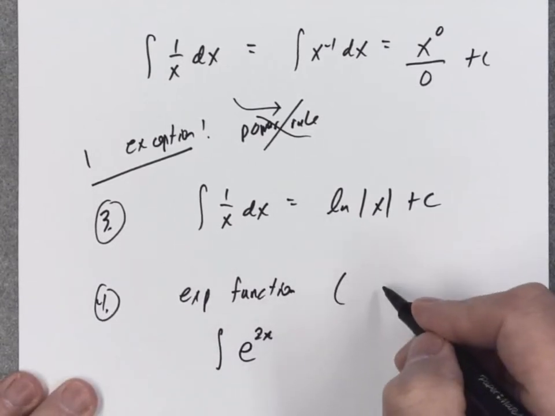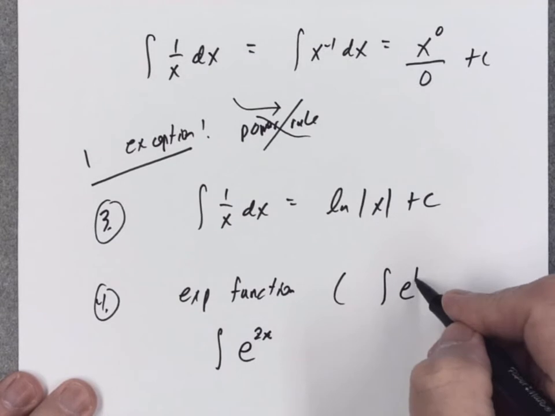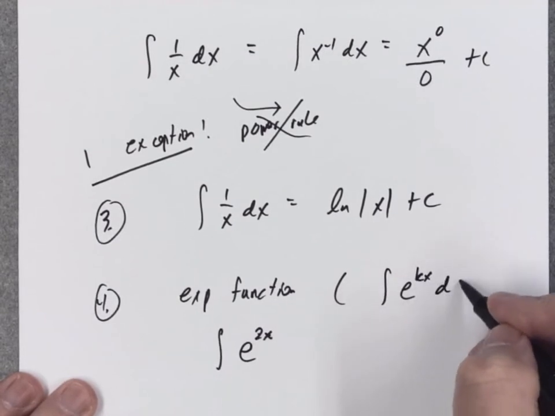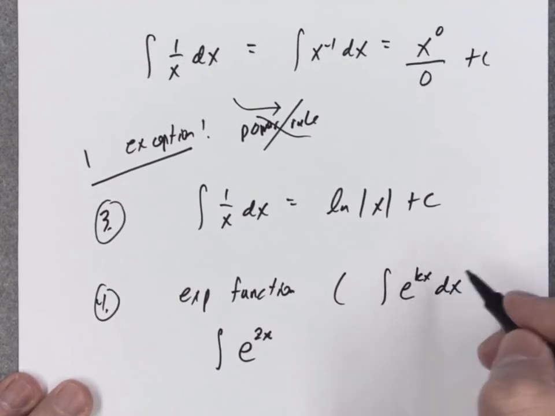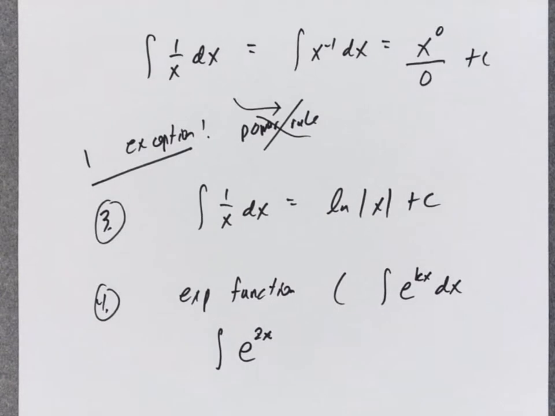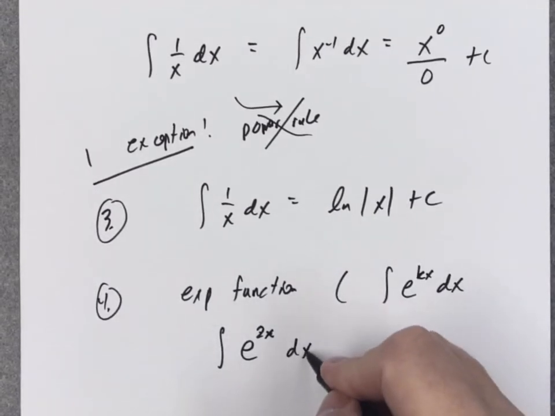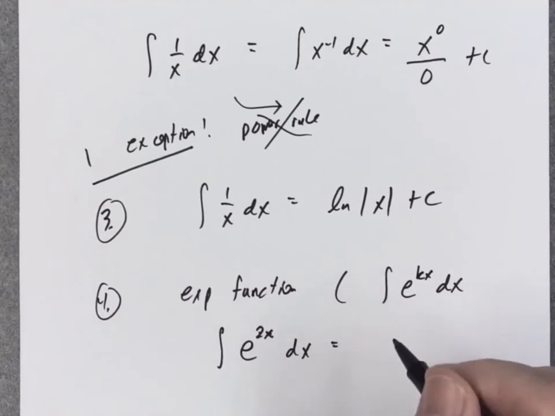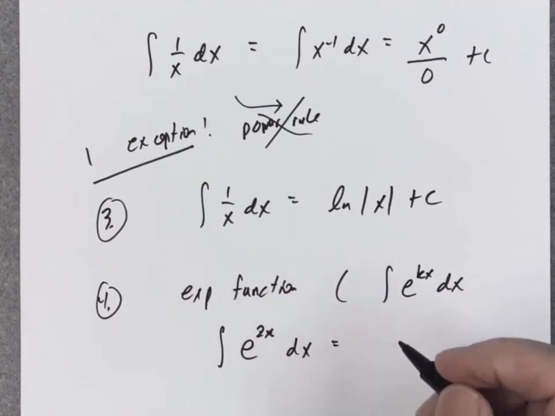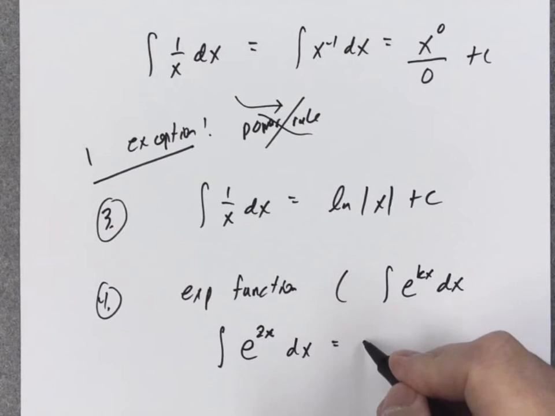So really, the rule we're going to learn only works when you have a number times x. So this is not going to be a rule for all exponential functions. It's sort of a special case where you have e to a number times x.